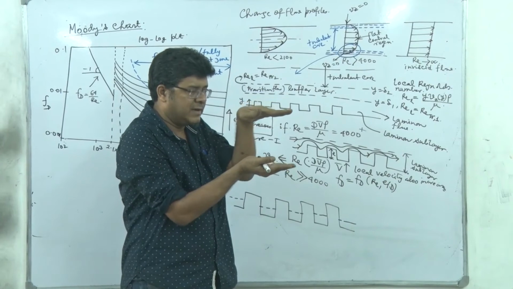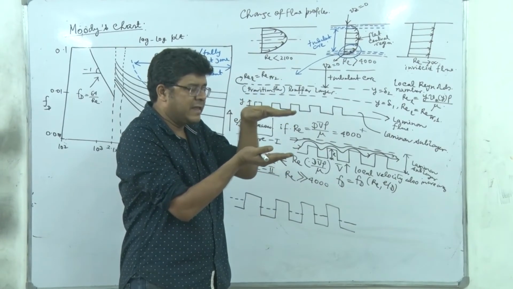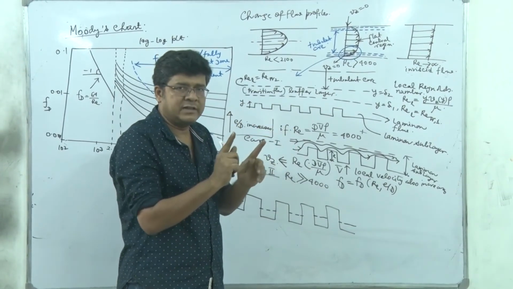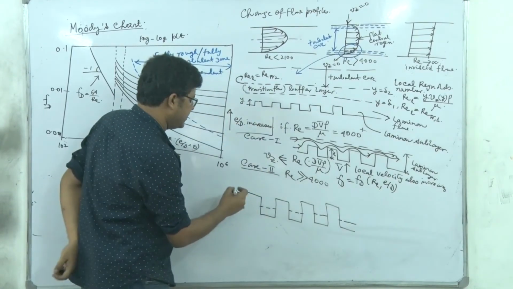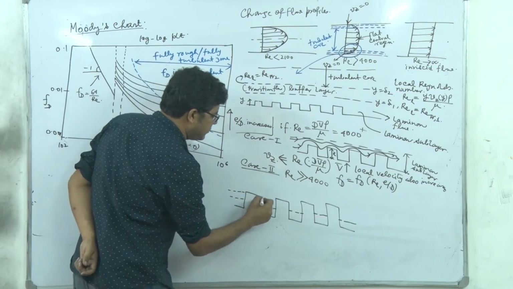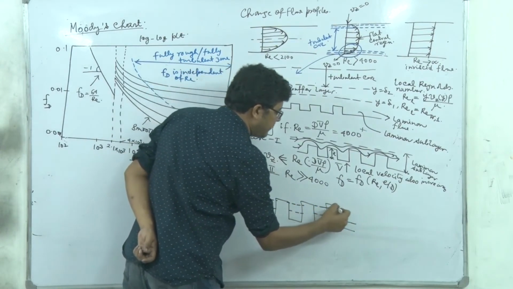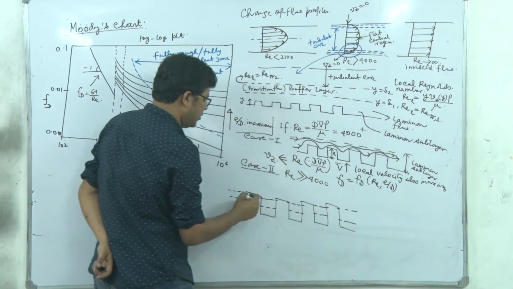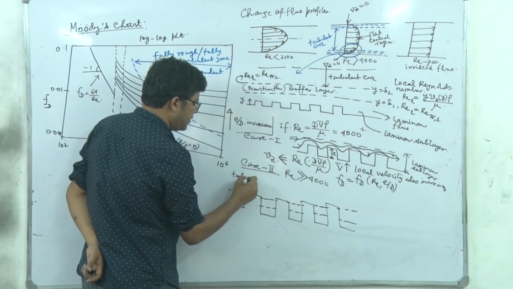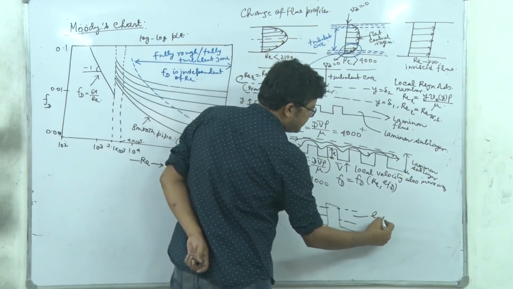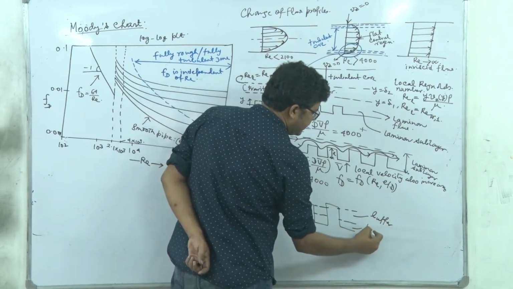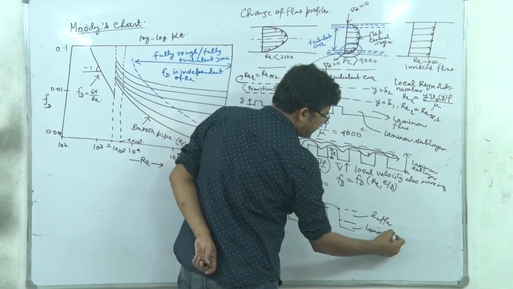So overall the laminar sublayer will shrink, and as it shrinks, after a certain point this roughness element will protrude into the buffer region, and for very high turbulence may protrude into the turbulent core. So this is the turbulent core, this is the buffer, and this is the laminar or viscous sublayer.